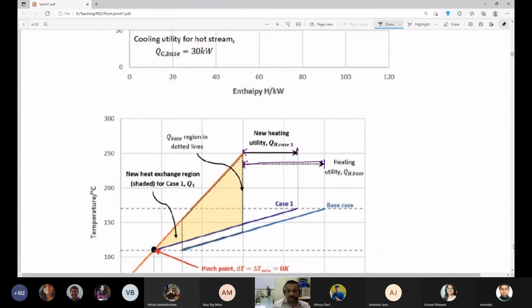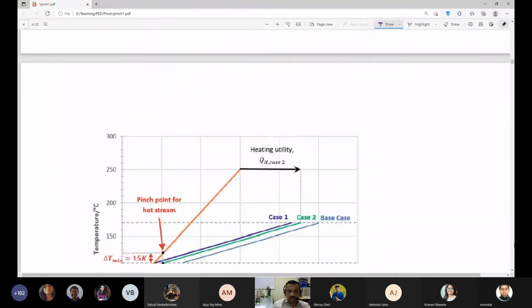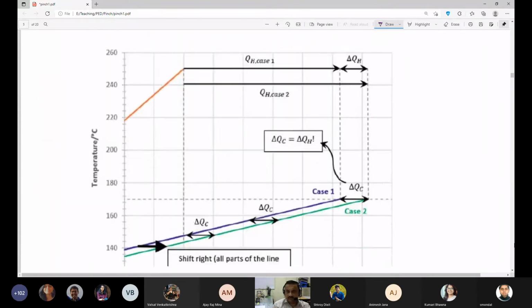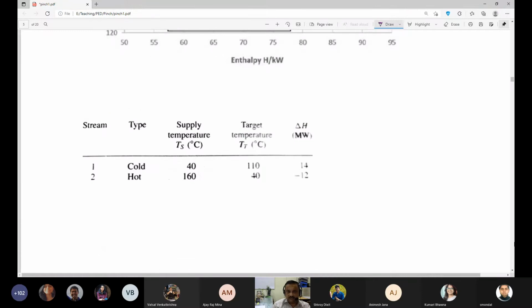We have looked into these. Now let us look at how it works for a simple system. Suppose I have some numbers here. Let us say I have a cold stream and a hot stream.